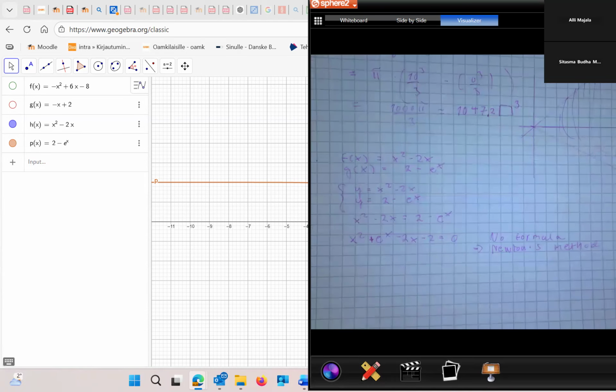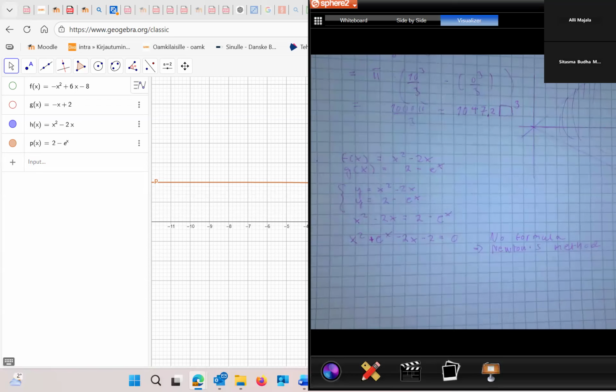And where was the formula for Newton's method? It was in the differential calculus. Where is it? Did I manage to find it the last time?